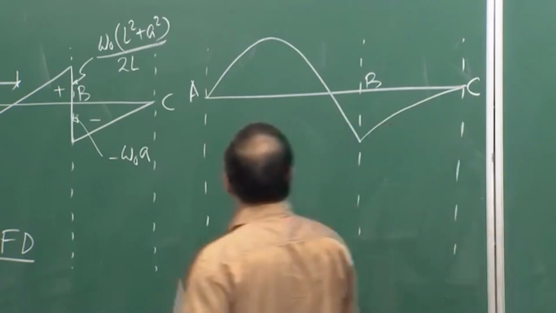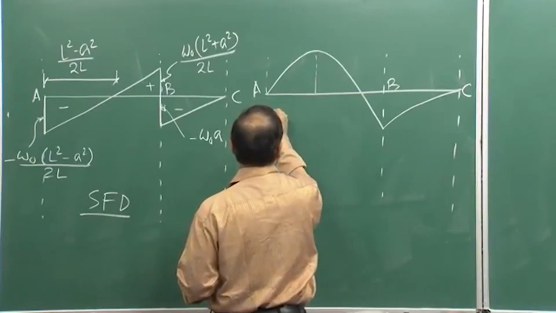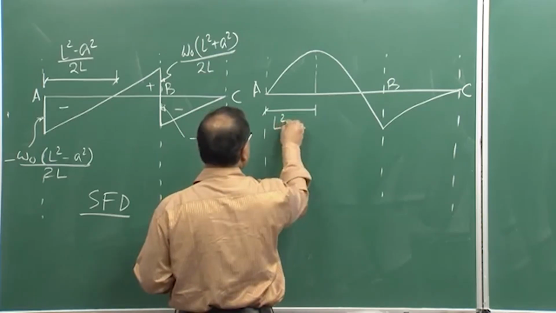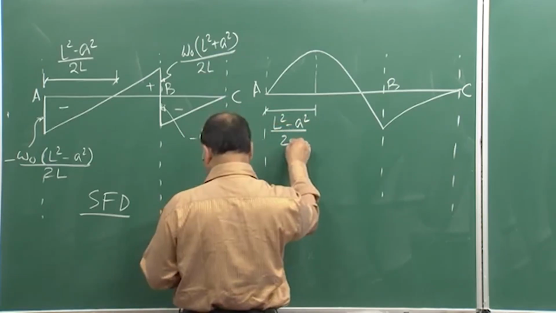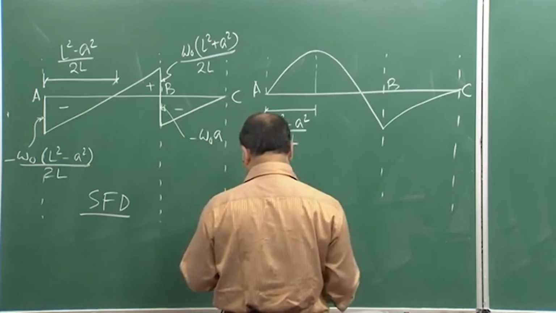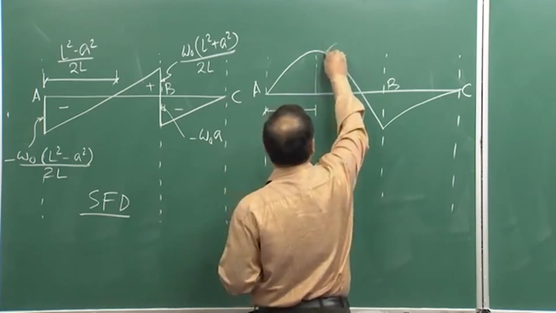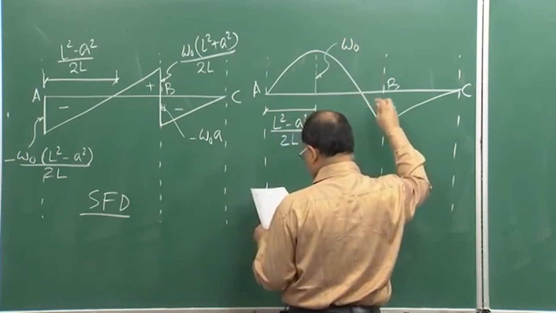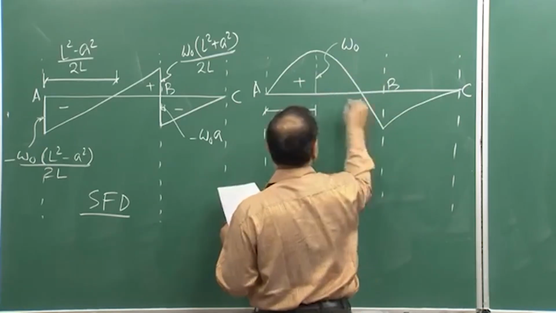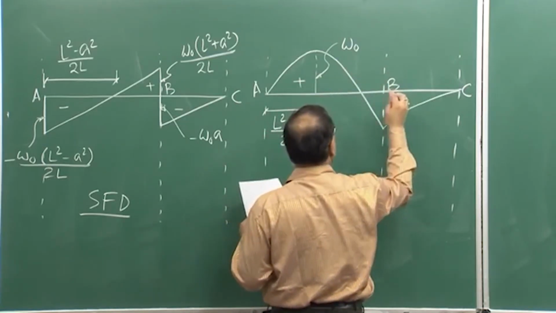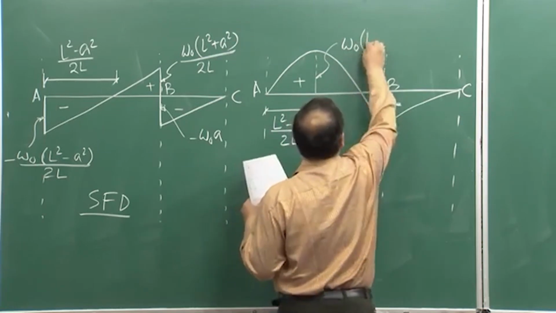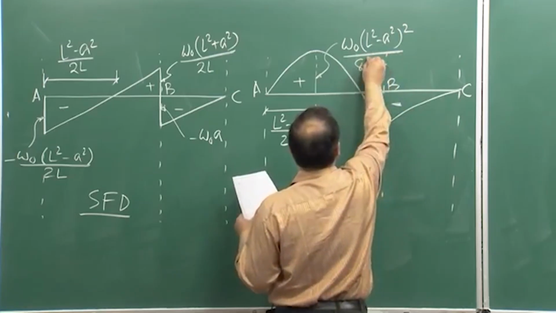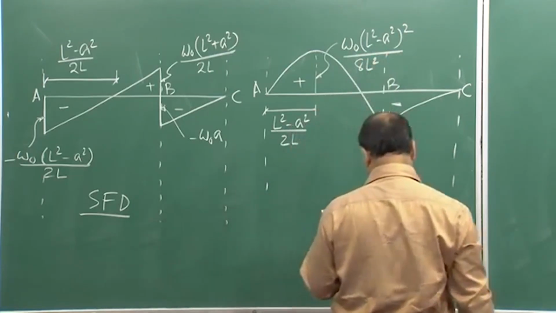This is your maximum value which was calculated where the bending moment was maximum, that was calculated as (L square minus A square) by twice L. And this maximum value was calculated as, if you recall, W naught (L square minus A square) whole square by 8 L square, this is positive and this is negative.